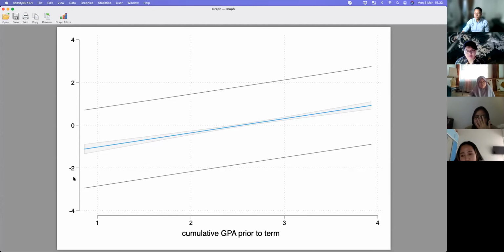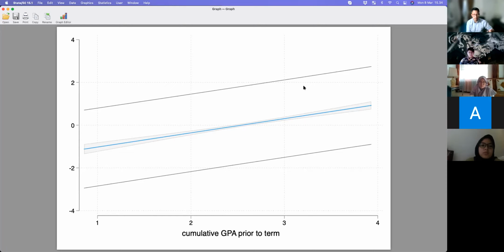However, the two lines that kind of embrace the regression line are actually very wide, and that's called the prediction interval. And why is the prediction interval quite wide? Again, it takes into account two sources of uncertainty. The first one is uncertainty from the sampling process, and the second is the variance in the errors themselves.